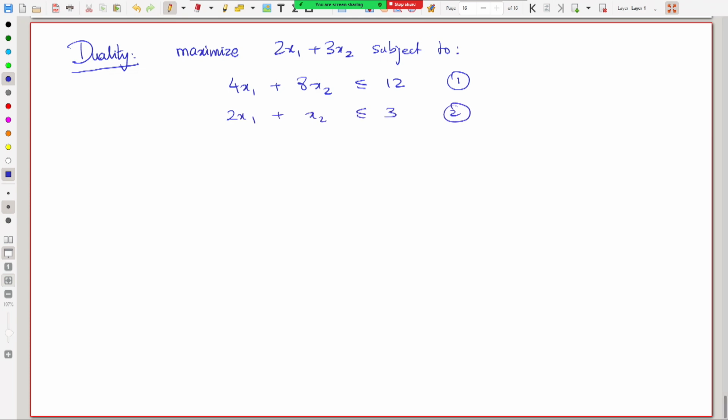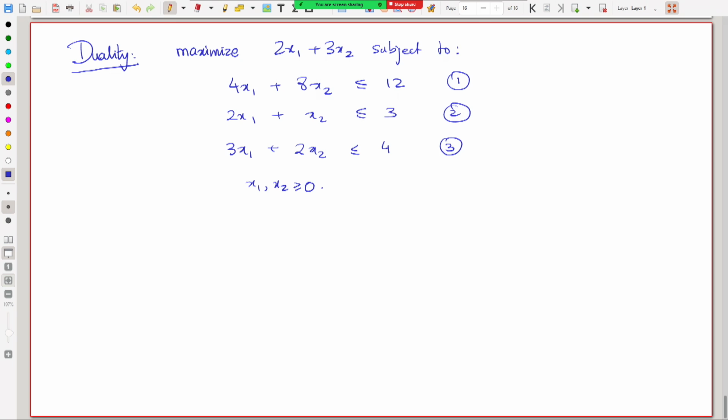Let us call this equation 2, and let us say 3x1 plus 2x2 is less than or equal to 4. Okay, so this is not an equational form, and let us say x1, x2 greater than or equal to 0.